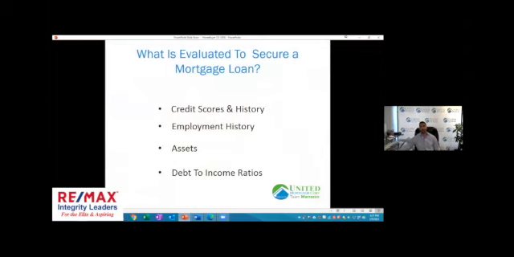Now, you may want to ask how we qualify people on a mortgage, okay? Again, these are basics. You may know some of this. Credit scores, obviously, we have all different types of programs. Credit scores, their history, employment history. Normally, we need to document a 2-year work history. Keep in mind, if somebody is in school, I just had somebody today who just graduated nursing school.